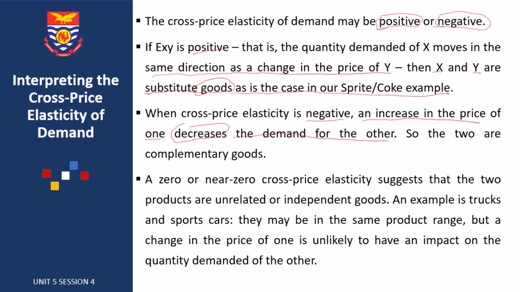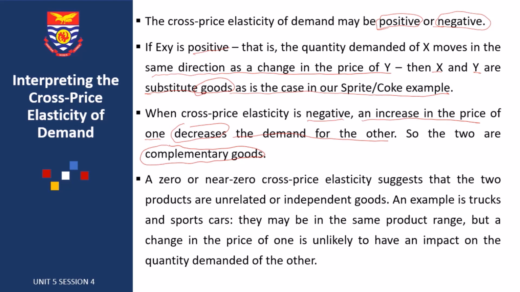So the two will be called complementary goods rather than substitutes. For example, an increase in the price of cameras will decrease the amount of film purchases. The larger the absolute value of the cross price elasticity coefficient, the greater the complementarity between the two goods.